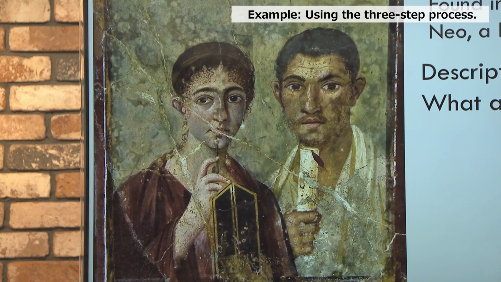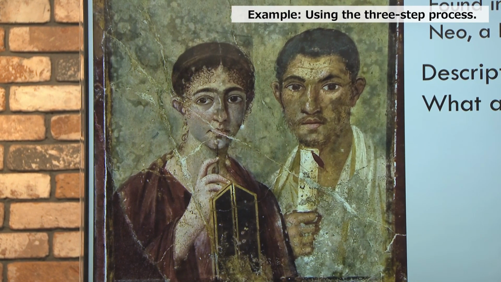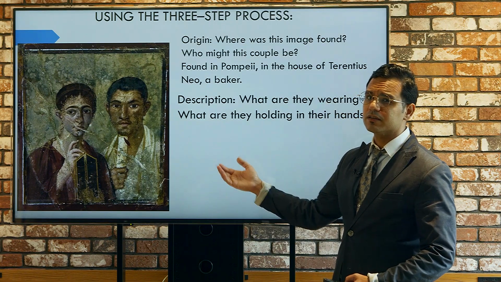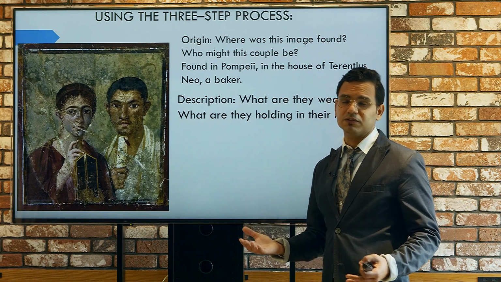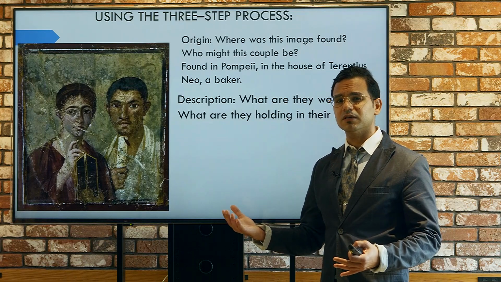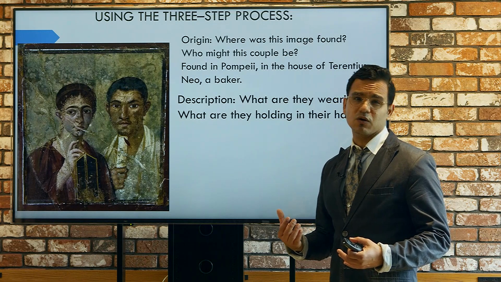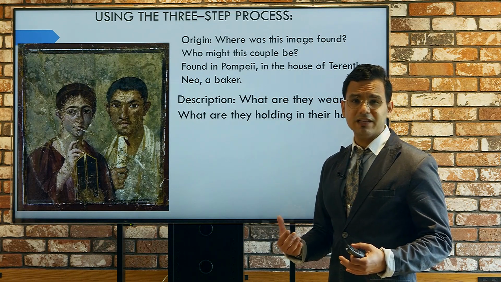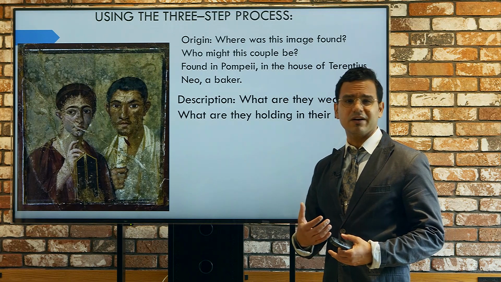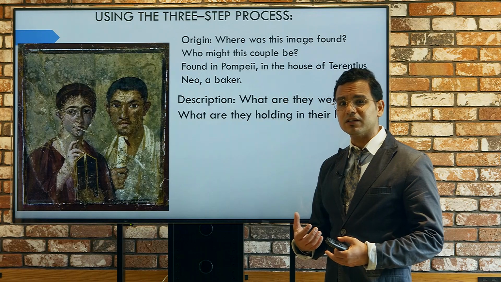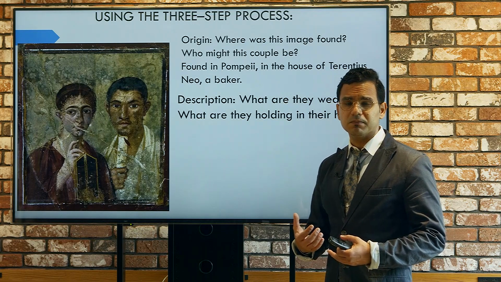And he's also holding something in his hand. It looks like a piece of paper, a writing utensil. When we look at his wife, we can assume she's his wife, she sits very prominently in the picture. She's wearing a purple dress of sorts. It's actually called a toga. And she's also holding something in her hand. We know that this is a writing utensil, a rotulum.